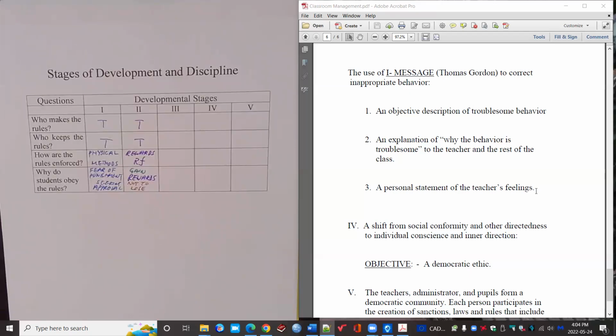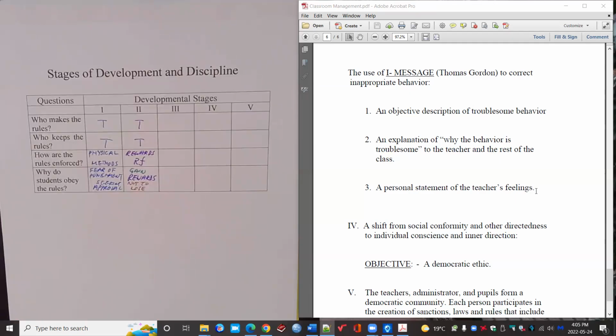Now, it is easy for you and your students to fall into the trap of using too many you messages and not enough, quote unquote, the letter I messages, okay, which are less provocative. Okay, I messages reflect the speaker's true feelings better than judgmental you statements.